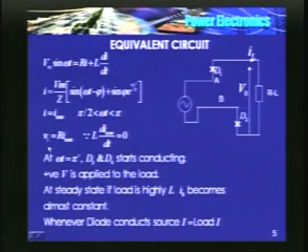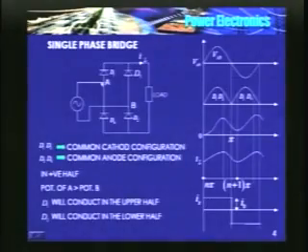At that instant, the instantaneous value of the input voltage is R into I max, because L di by dt when I is equal to I max is 0. At omega t is equal to pi plus, potential of B becomes higher than potential of A. So what happens?